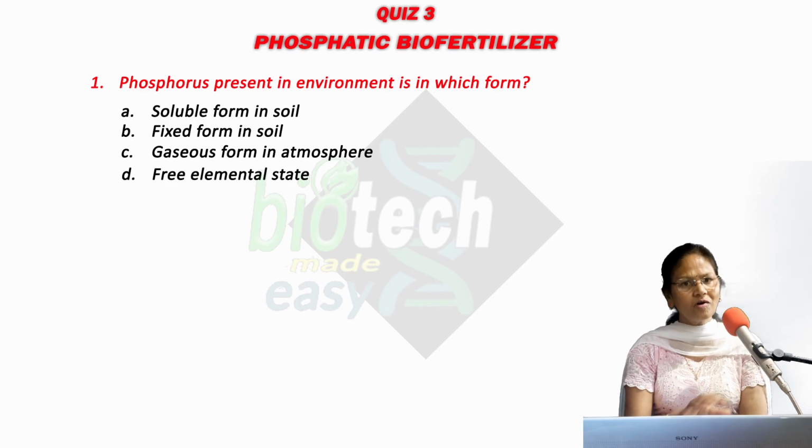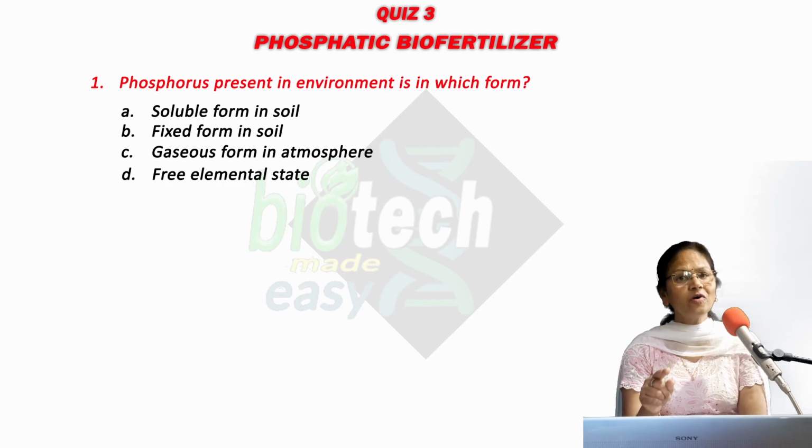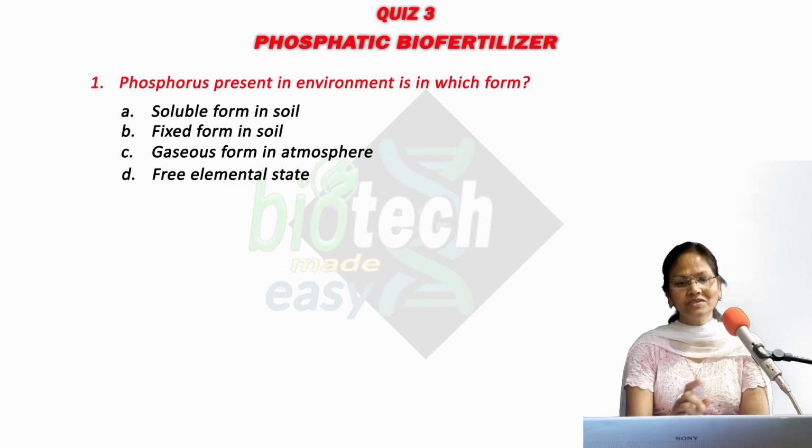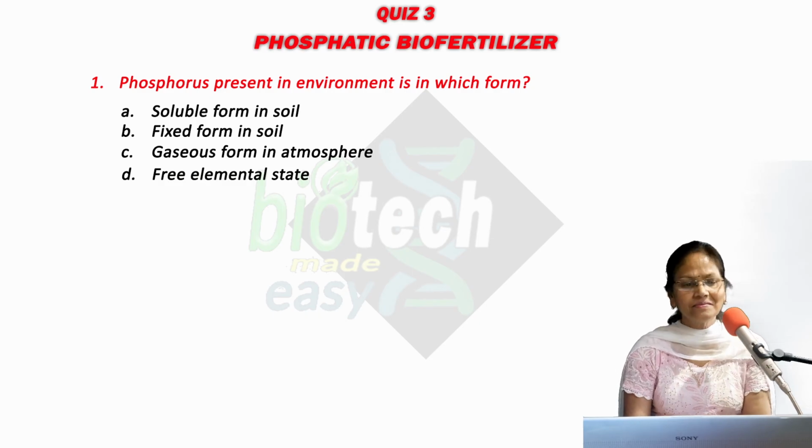So almost always it is present in the fixed form, and the fixed form is not the one which can be taken up by the plants. For plants, the form which is needed is the soluble one. So now with this kind of introduction, you see the answer.